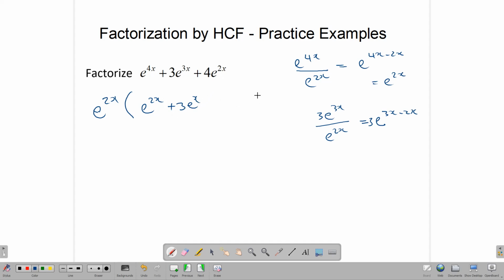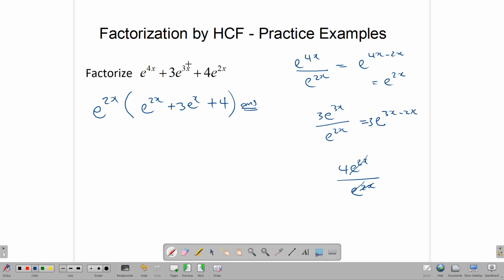And now we have 4e to the 2x divided by e to the 2x. This cancels out itself and leaves us with just 4. So we can apply this factorization method to many different situations where we want to tidy up an expression or to write our answer in a different, more compact way.